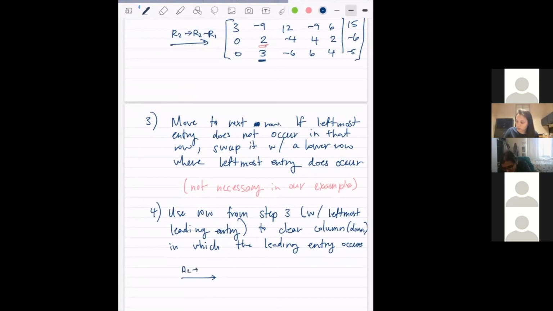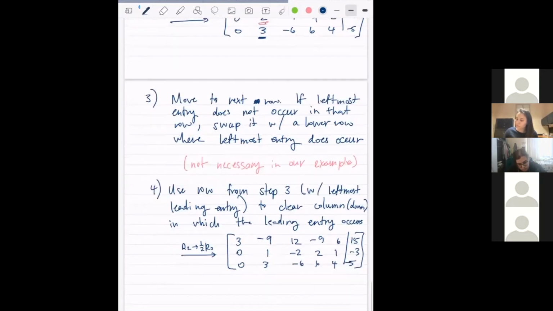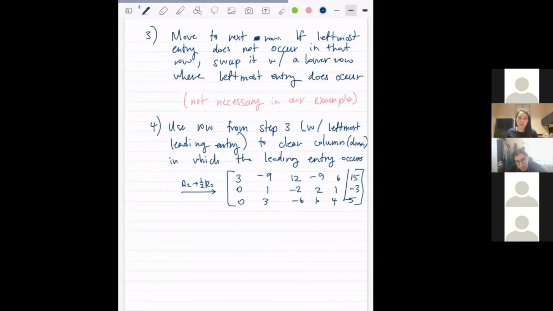So multiply through by 1/2 for that second row. And you will get 0, 1, -2, 2, 1, -3. Right?